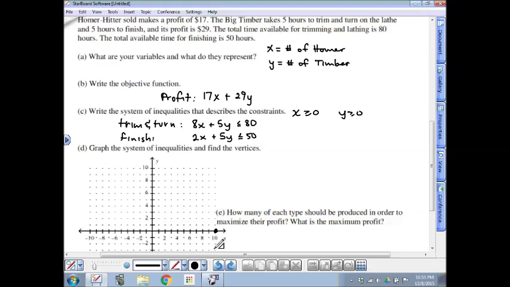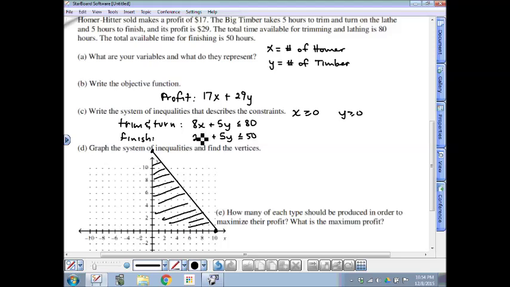Now, if we let x equal 0 to find the y-intercept, 80 divided by 5 is 16, so the y-intercept there is 16, which is about right here. Now if we connect there, this is an inequality, so you have to shade. If you let x and y both equal 0, choosing a test point of (0, 0), you end up with 0 is less than or equal to 80, which is true. So you're shading underneath there.